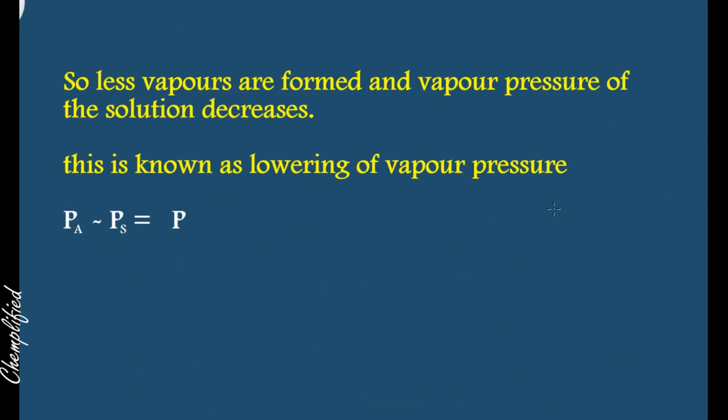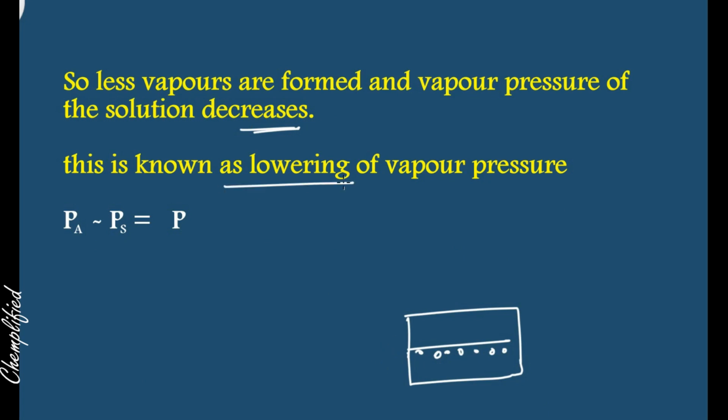Now what happens is the vapor pressure of the solution decreases due to the presence of, I repeat, due to the presence of non-volatile substance or non-volatile solute at the surface. Due to the presence of non-volatile substance at the surface, the overall vapor pressure of the solution decreases, and this is known as lowering of vapor pressure.